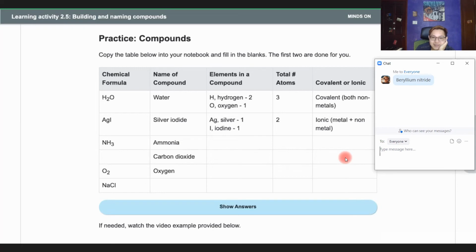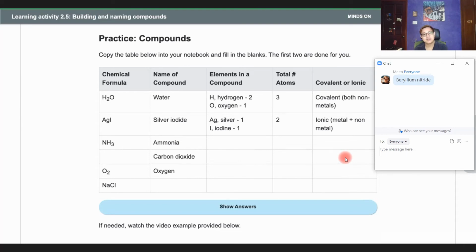One nitrogen, three hydrogens. Total atoms is 4, isn't it? So covalent or ionic? Nitrogen is group 5, and hydrogen is group 1. But hydrogen is not a metal. It's an exception to the rule. Even though it is in group 1, hydrogen is not a metal.